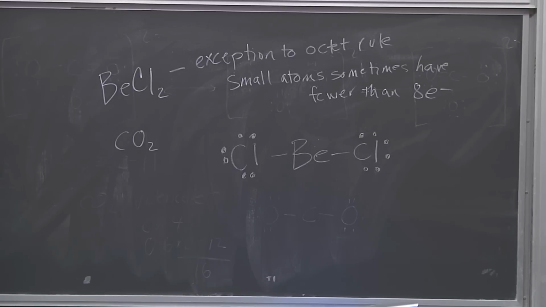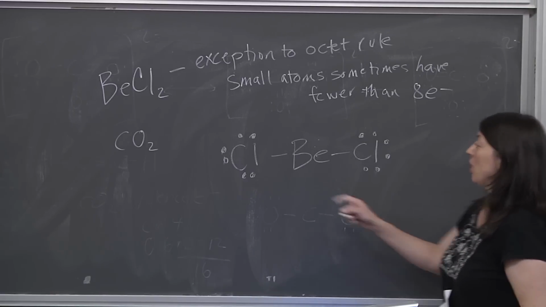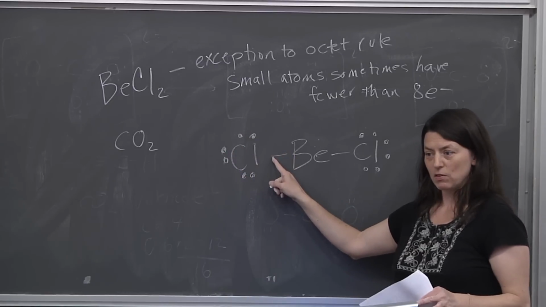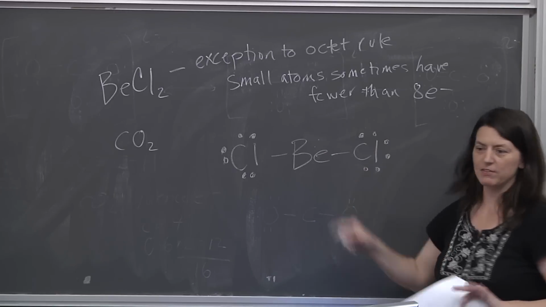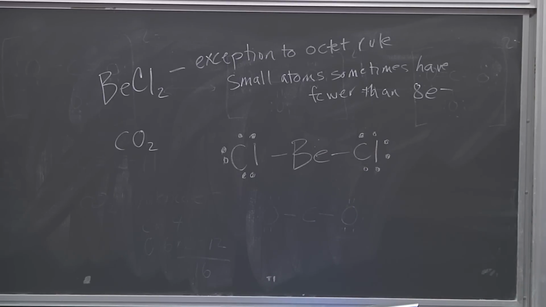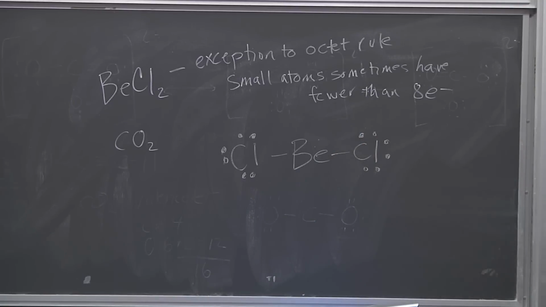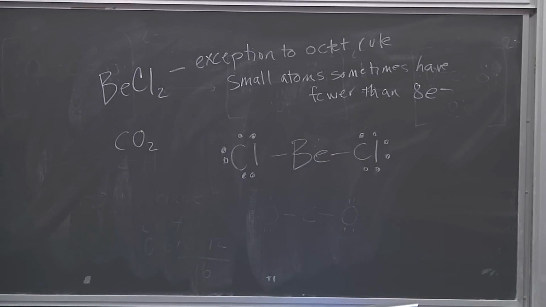Each chlorine has 7. Okay? So 1, 2, 3, 4, 5, 6, 7 from one chlorine, 1, 2 from beryllium, 1, 2, 3, 4, 5, 6, 7. If you add it all up, this is all the electrons that you have, right? You have 14 plus 2 is 16. That's it. So that's the structure of BeCl2, because Be is a small atom. It works out, exception to the octet rule.